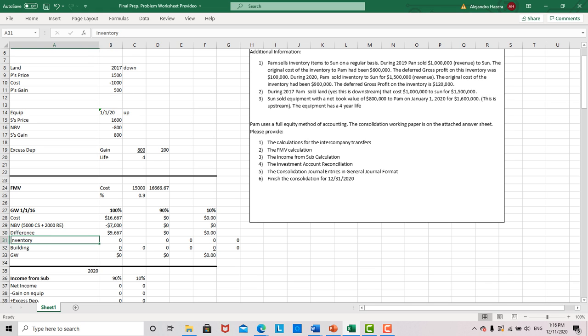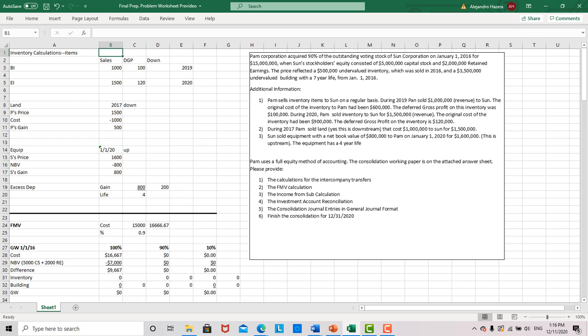Then there are two items that were undervalued, so you subtract them, since the fair market value is greater than the book value. The first one is $500,000 of undervalued inventory, and from the last sentence, a $3.5 million undervalued building with a 7-year life. The inventory obviously has a 1-year life, as we've always said.